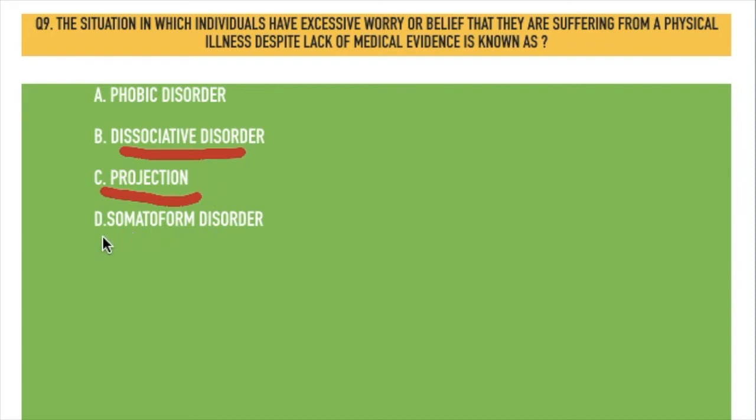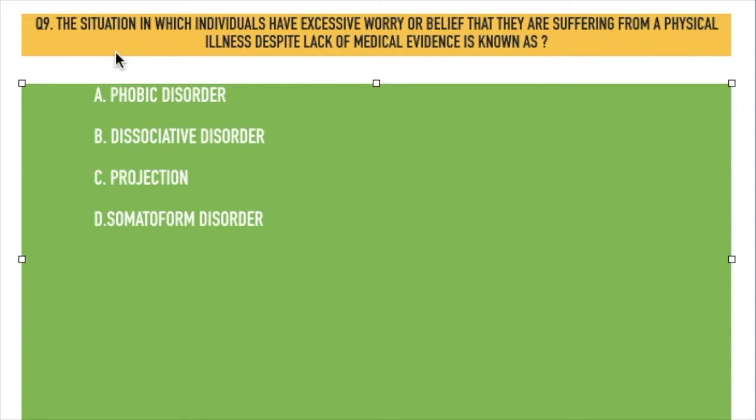And next, D. What is D? That is the answer: somatoform disorder. The situation in which individuals have excessive worry or belief that they are suffering from a physical illness despite the lack of medical evidence. That is somatoform disorder.